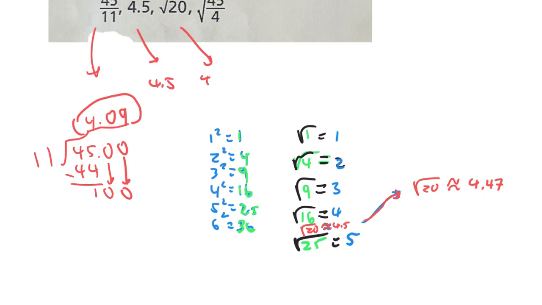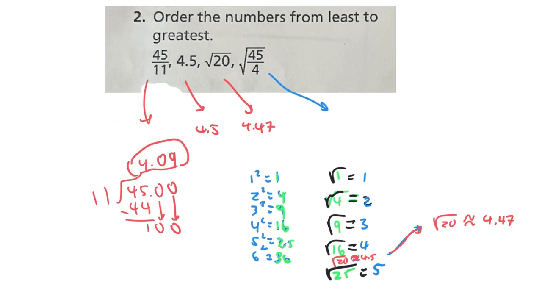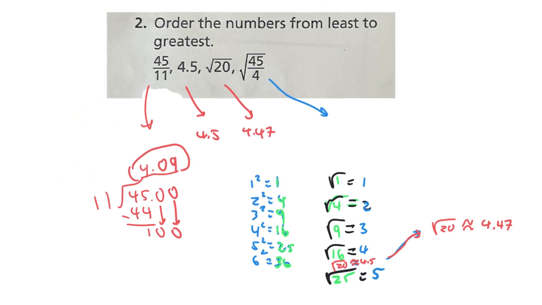And that's important information because we need to know that it's actually less than this number, right? So looking at this one, first of all, what is 45 divided by 4?